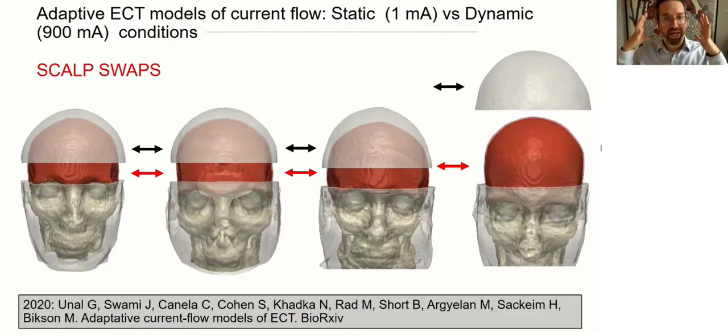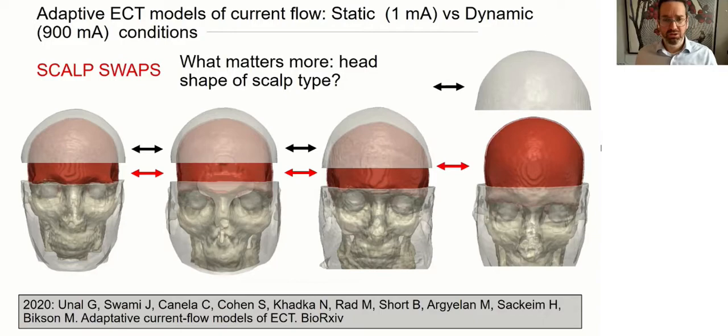So we're starting with the full heads, and these heads have different skin types that we just parameterized. And we're taking these different skin types and ripping them off and putting them on different heads. And this is something obviously you could only do in a computational model. And so we're essentially creating new heads with one subject's anatomy, but another subject's skin. And so you create a mixture of these synthetic heads. And this is what the results look like.